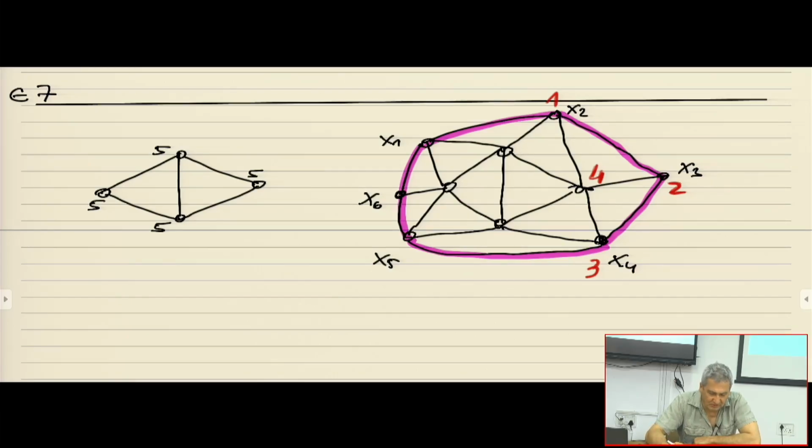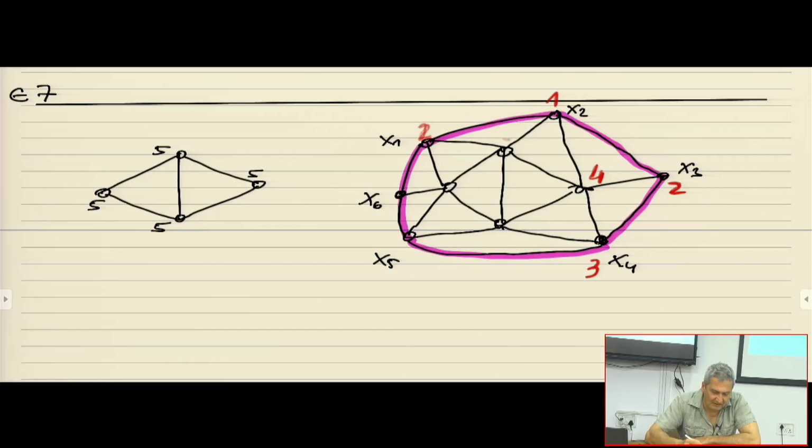What about I have here 2, and I would like to force here 4.